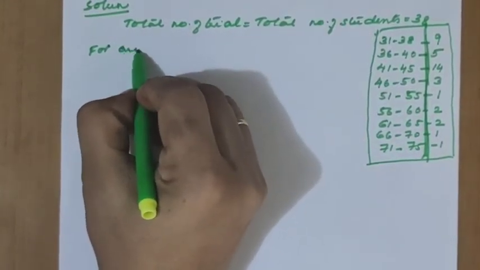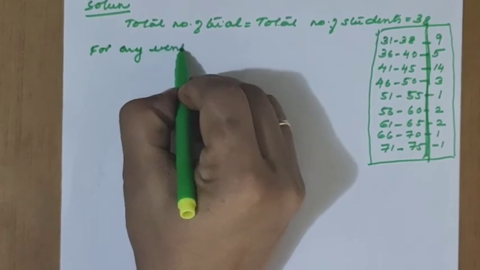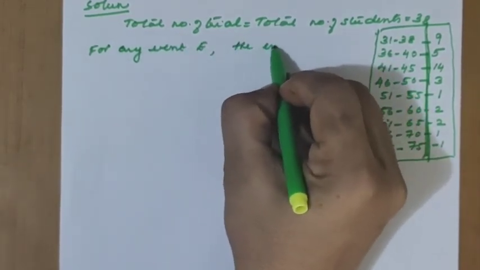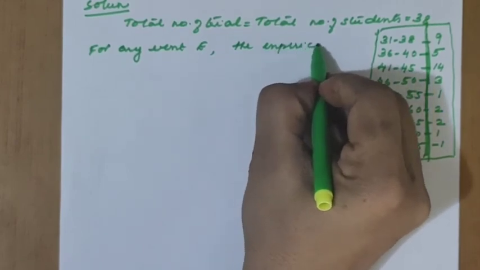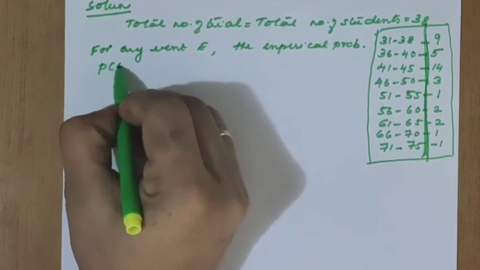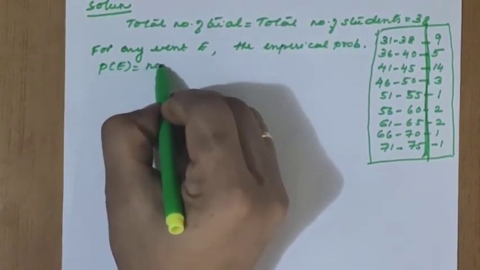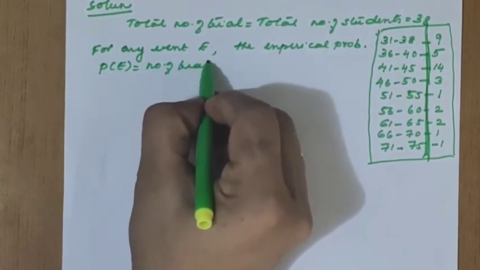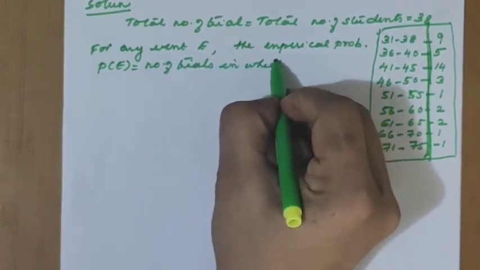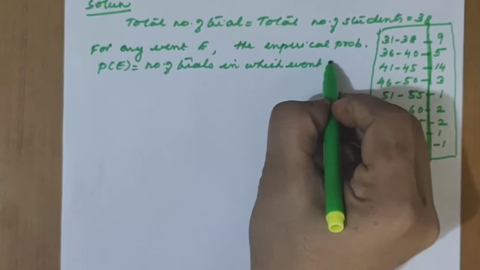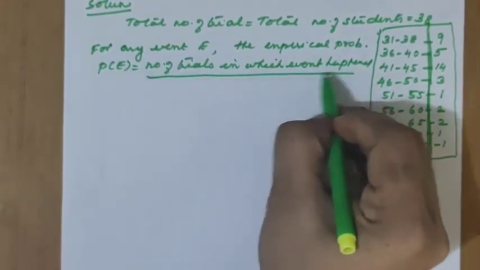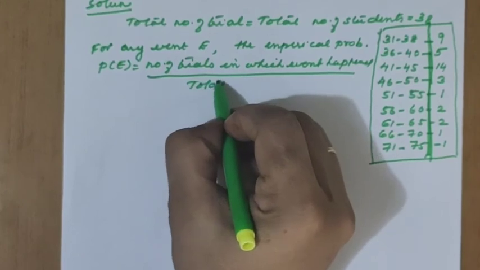For any event E, the empirical probability P of E is equal to the number of trials in which the event happened, divided by the total number of trials.